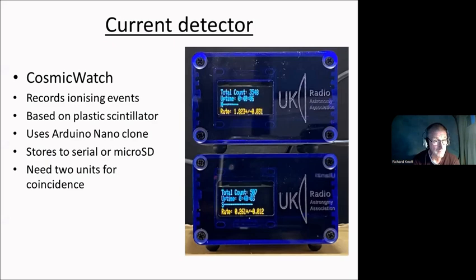Data from the photomultiplier is processed by an Arduino Nano clone and made available through the serial port of the Nano or recorded to microSD. To realize the detection of muons, of course, one needs to have two detectors to be able to discriminate the beta and gamma events from the muon events.